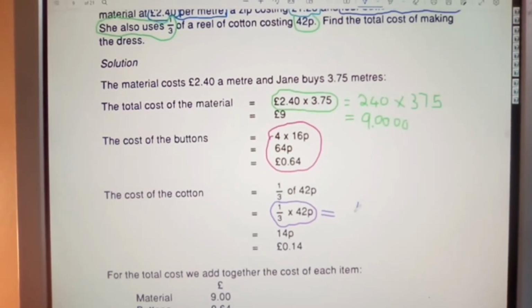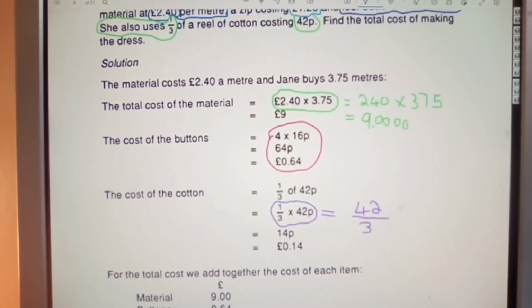That would become 42 over 3, which equals 14 pence.